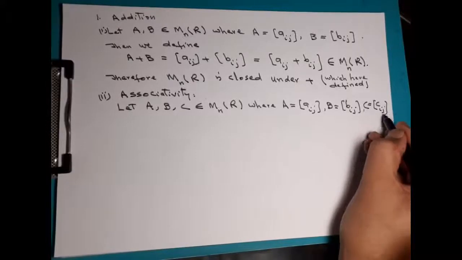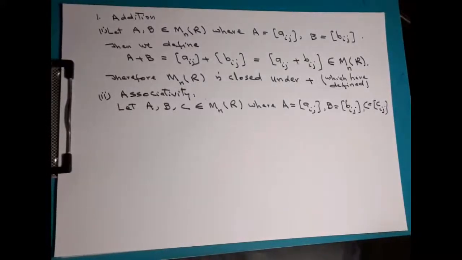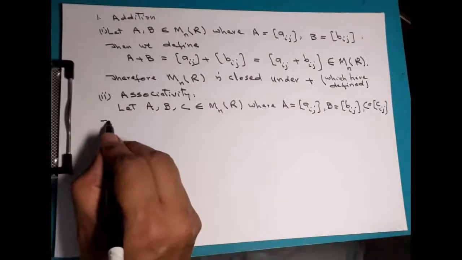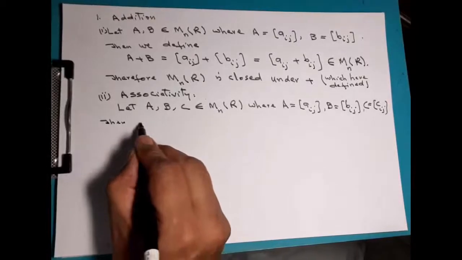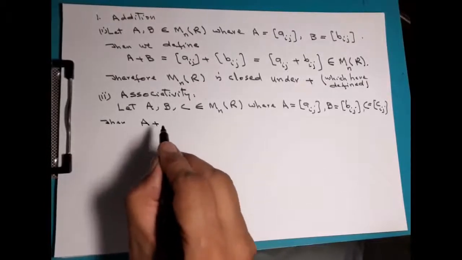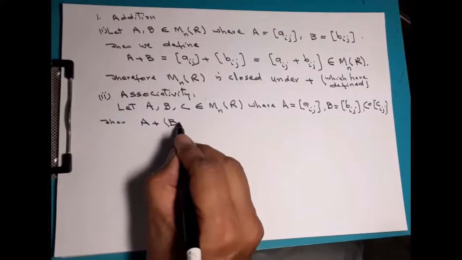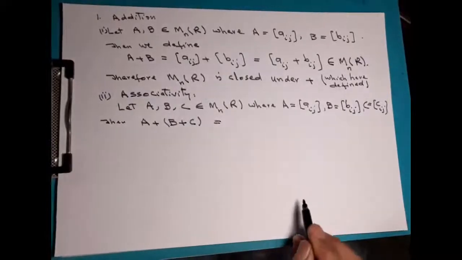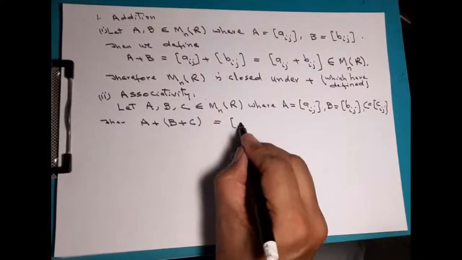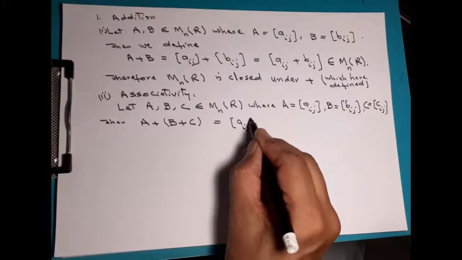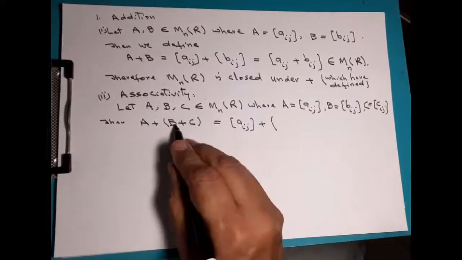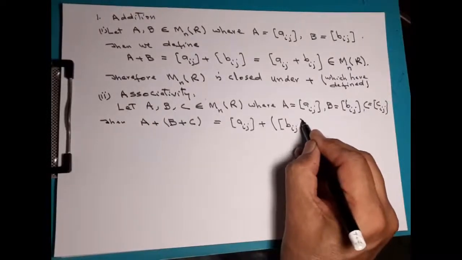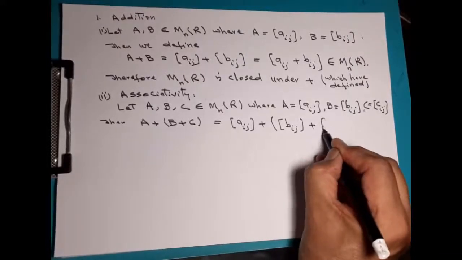So these are the three matrices with entries from the ring R. Then let's see what A plus B plus C means. A plus B plus C is equal to matrix A is (a_ij), and then plus matrix B is (b_ij), and then plus matrix C is (c_ij).